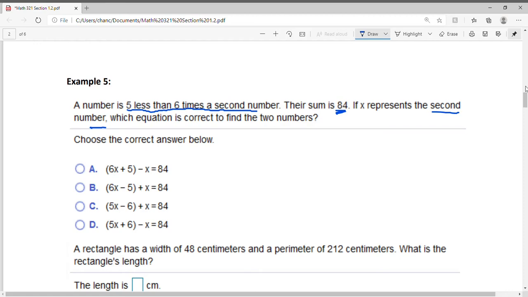So I know this is 6x minus 5, because it's 5 less than, so we're going to subtract from 6 times a second number, and their sum is 84. So we're going to add x to this, and we should get 84, and that looks like B. B is the correct choice for this question.